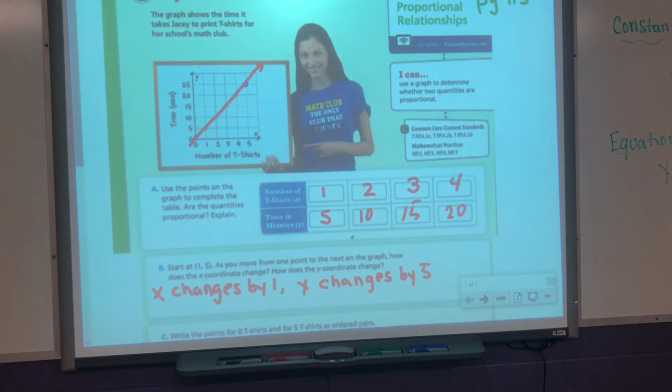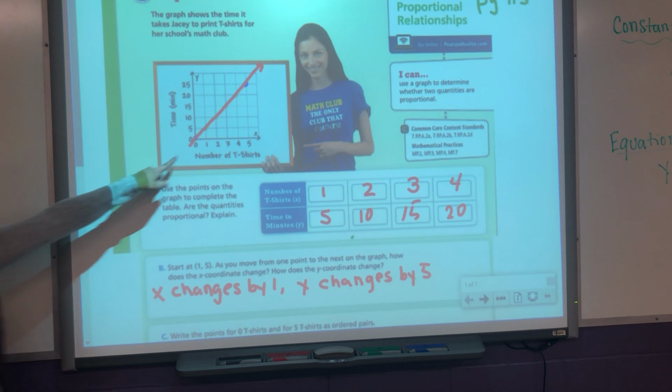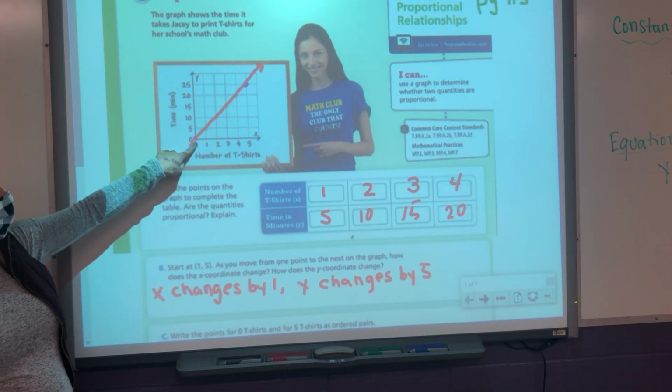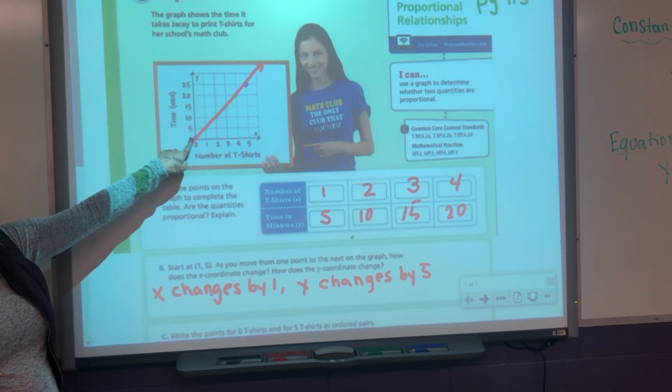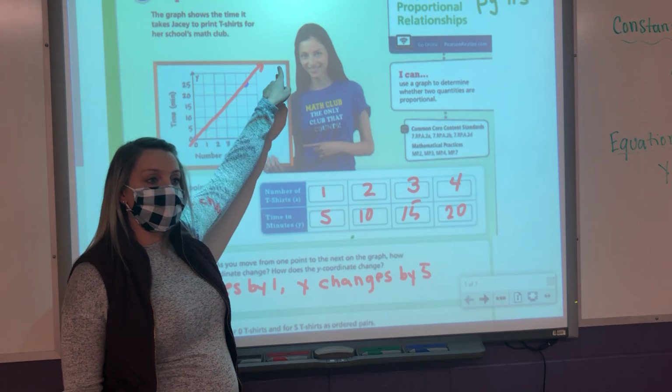It's straight. Something else do you notice? Okay, all the points connect. Does it go through the origin? Yes. Okay, right here. It starts there, then it goes up, right?